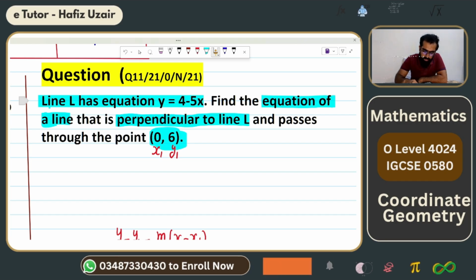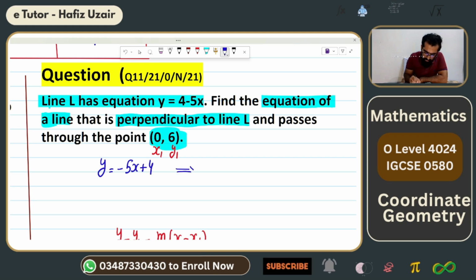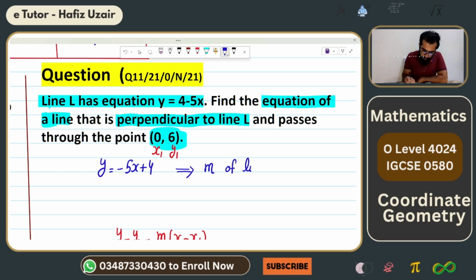If you rewrite this equation properly, writing the x term first, y equals minus 5x plus 4. Now if we compare it with y equals mx plus c, the gradient of line L will be equal to minus 5.